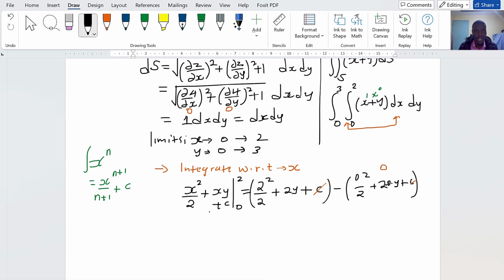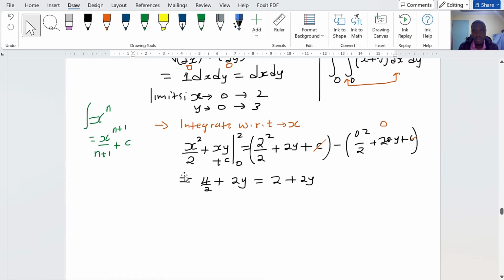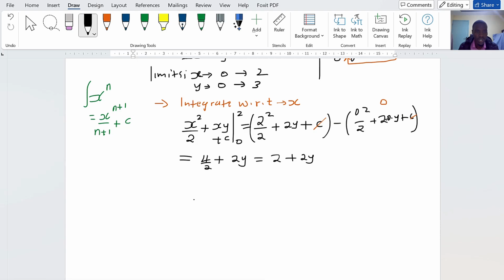When that happens, what we are going to have is 4 over 2 plus 2y. But this is 4 over 2, yes, so it will be 2 plus 2y. Now that is our first integral. Now we need to perform the outer integral. So let me write it again.